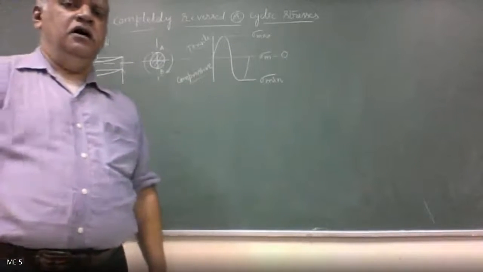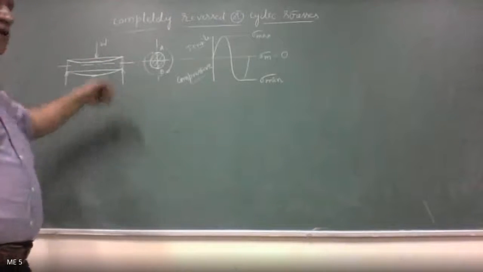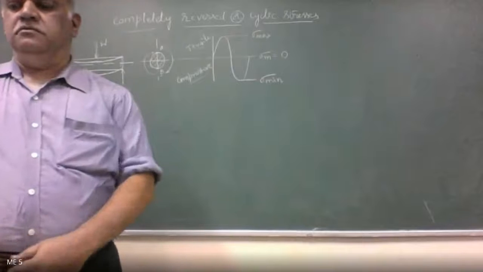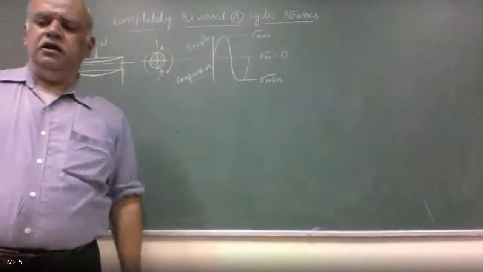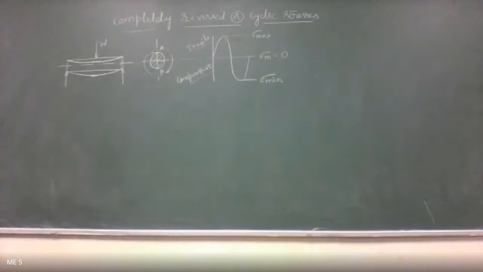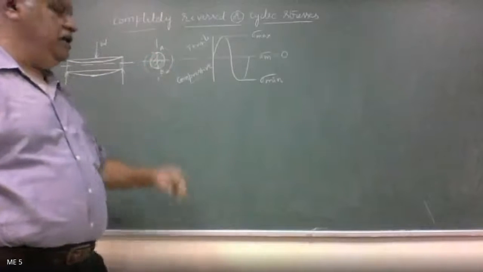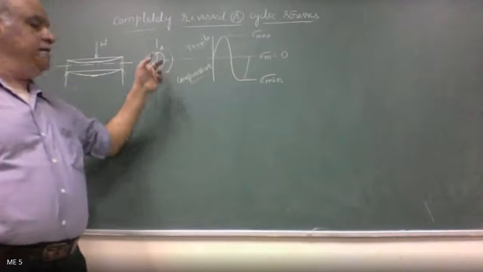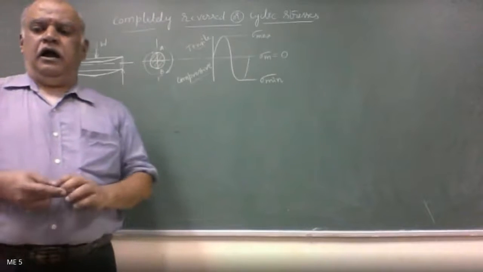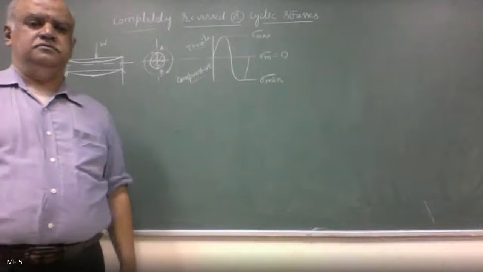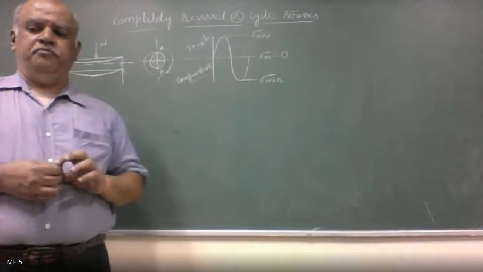Next line. After half a revolution, the point B occupies the position of point A, and point A that of B, full stop.